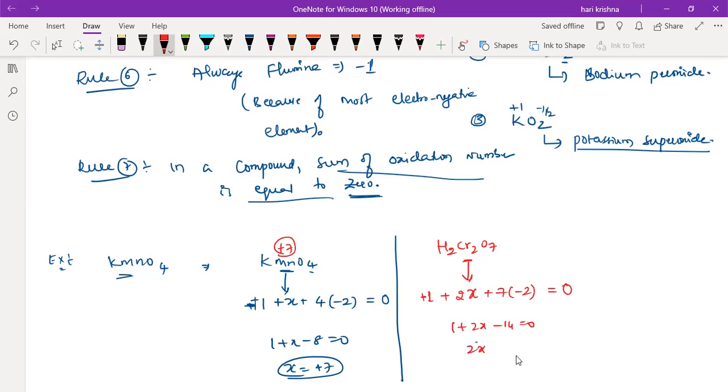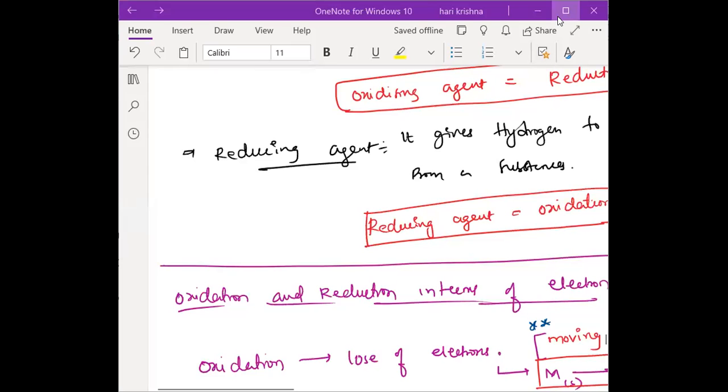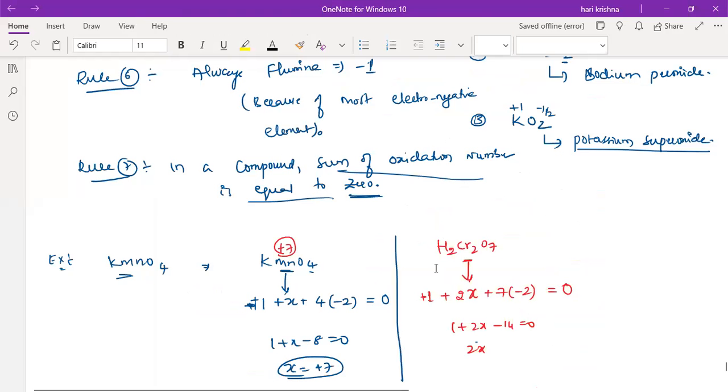Can you hear? Can you understand what I solved here? Yes, sir. So 2x minus 13 equal to 0, so x equal to 13 by 2. Sorry.